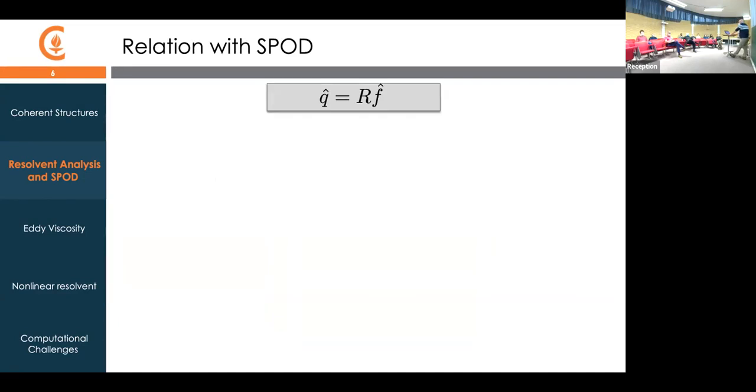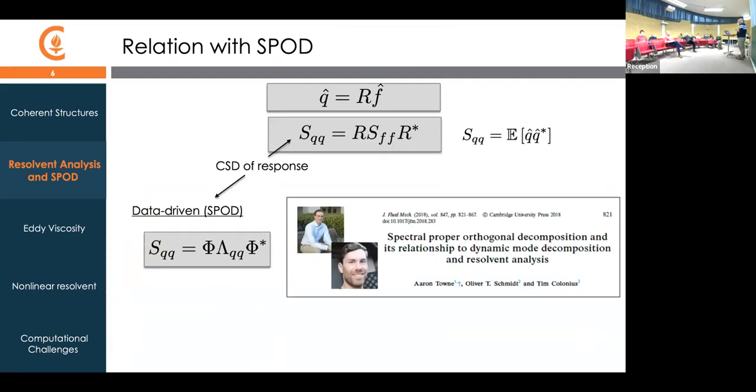Okay, so what's kind of interesting is that there's this direct connection between these resolvent modes on one hand and data-driven modes from the spectral proper orthogonal decomposition on the other hand. I should point out that what I'll be talking about here was work I did with Aaron Town and Oliver Schmidt. What we were exploring was the connection between these SPOD modes and the resolvent modes, and also the dynamic mode decomposition.